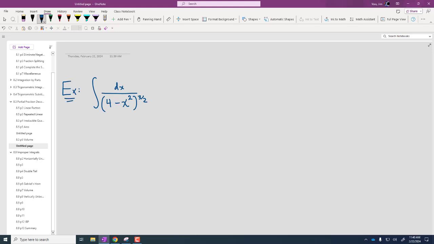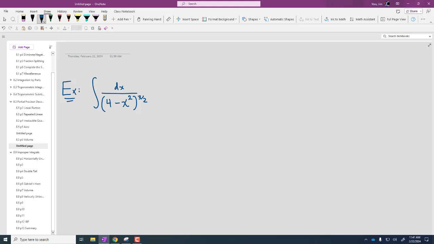So, not PFD, let's go back to trig sub. Trig sub is something that you can never do too many examples of. So first thing we see, a difference of squares. As soon as you see a difference or sum of squares, trig sub is a viable technique.